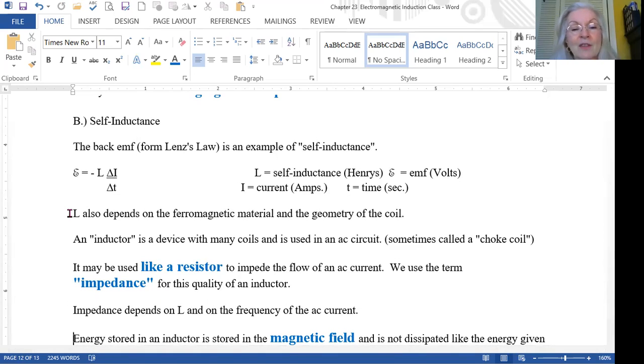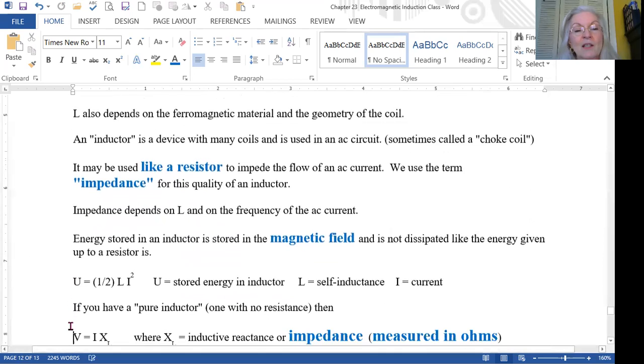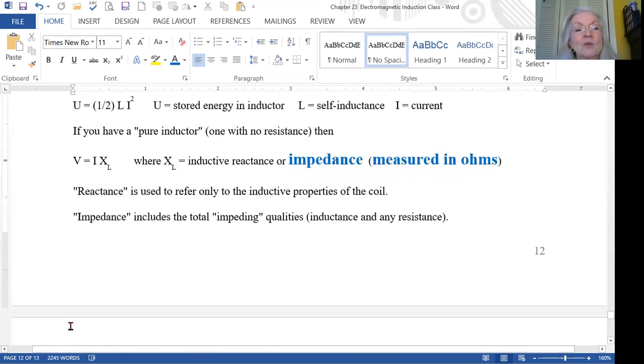There are uses for this in AC circuits. You can use an inductor to act like a resistor to impede the flow of current in an AC circuit. Energy can be stored in an inductor. It's stored in the, oh, I overshot, my apologies.